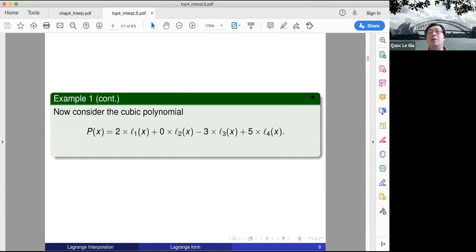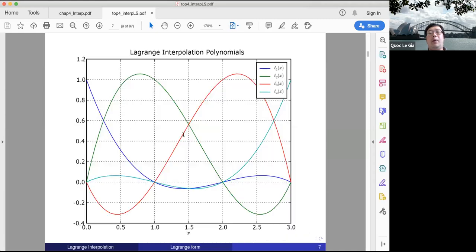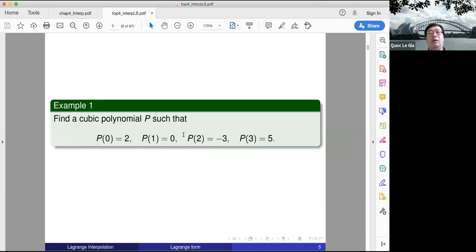If you don't take a linear combination like this, then how do you guarantee the interpolation property? The interpolation property is this one: you want a polynomial P so that when you plug in the data X, it gives you the data Y. If you don't take the sum of the four Lagrangians, then you don't reproduce all four data points.